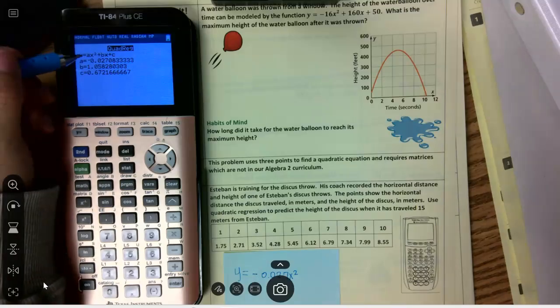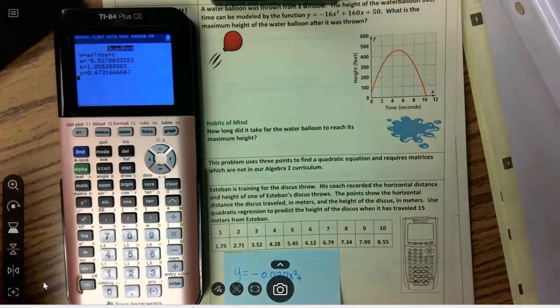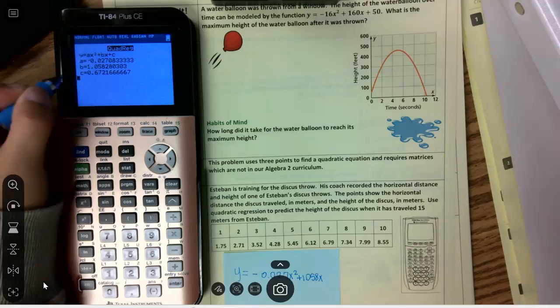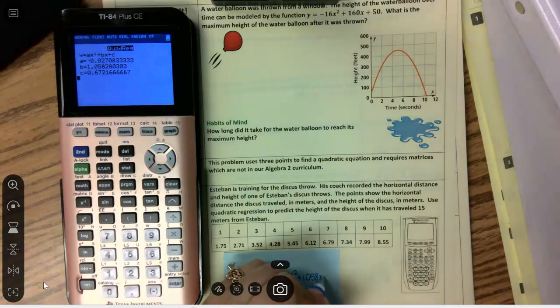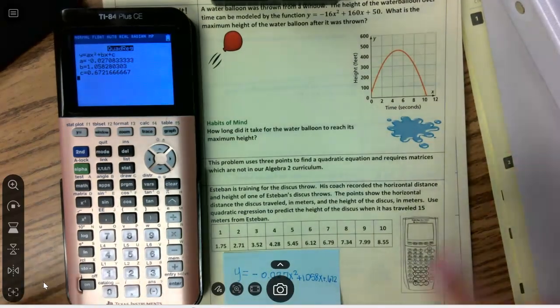I'm following the skeleton it gave me, a, and then x squared. Then we have plus b, so plus 1.058x, and then plus c, so plus 0.672. That is your equation.